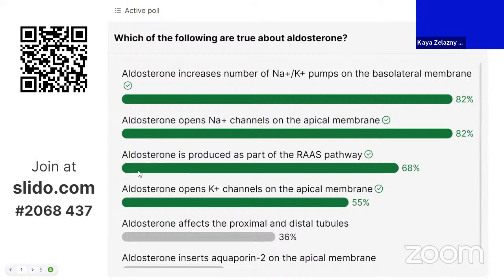The way we get to producing aldosterone in the first place, aldosterone is coming from your adrenal glands. So we have a whole big signaling pathway involving renin and our two types of angiotensin, our renin, angiotensin, aldosterone system, getting us to the production of this aldosterone, right?